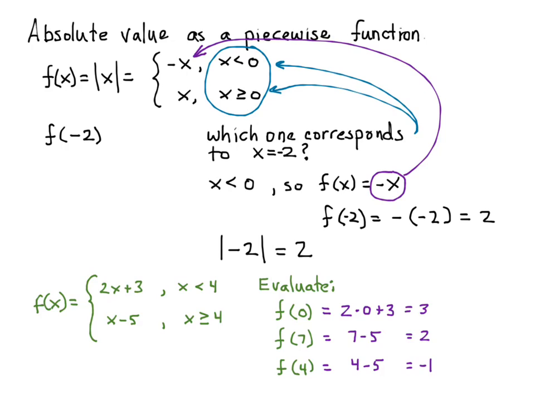So for the piecewise function, I'll define this in black. F of x equals 2x plus 3 if x is less than 4, and x minus 5 if x is greater than or equal to 4.